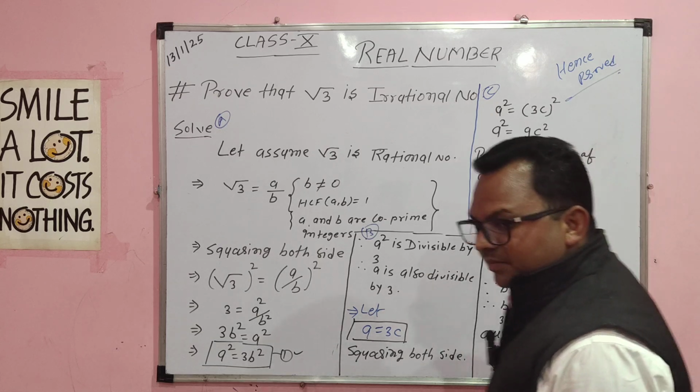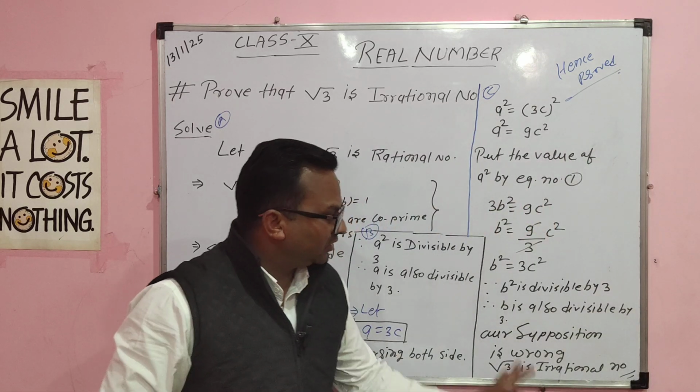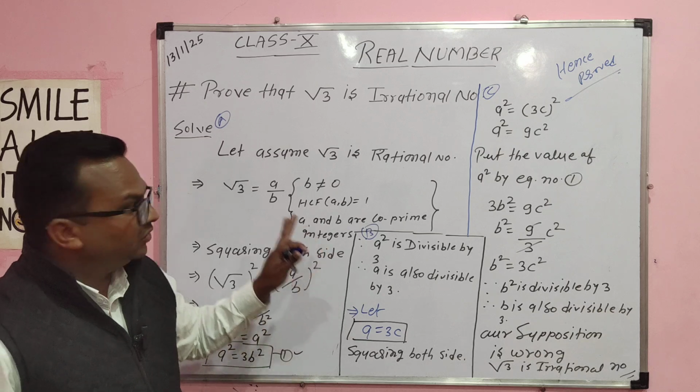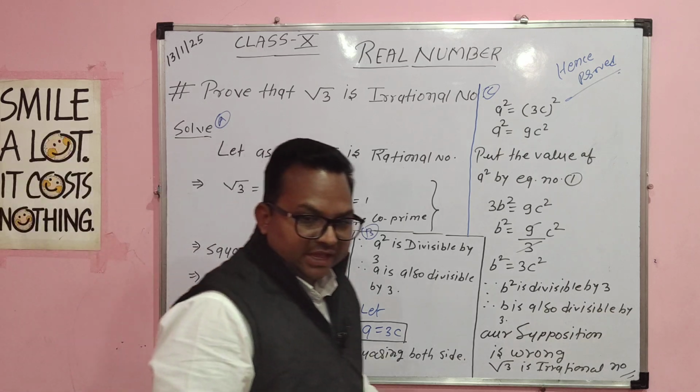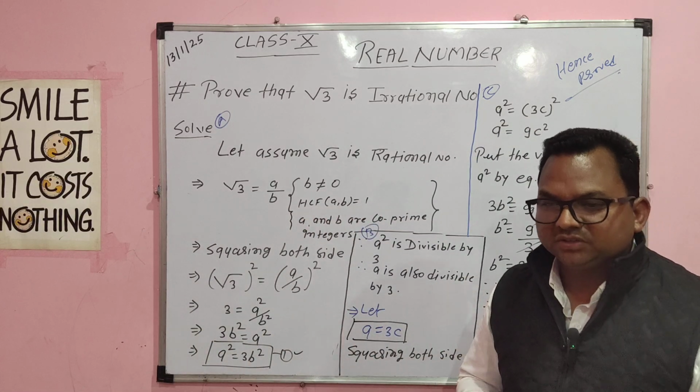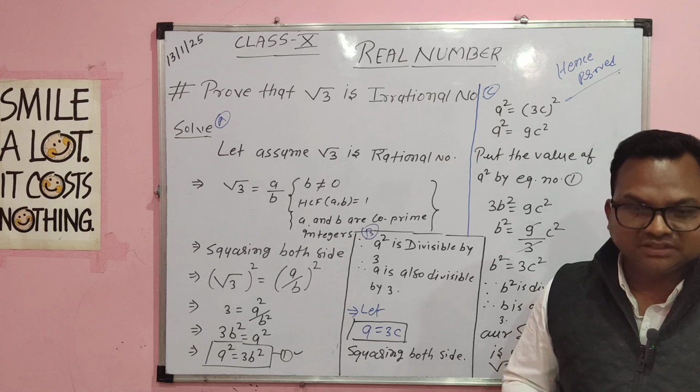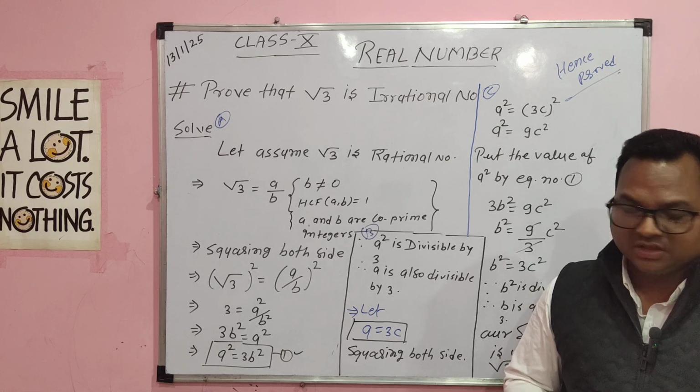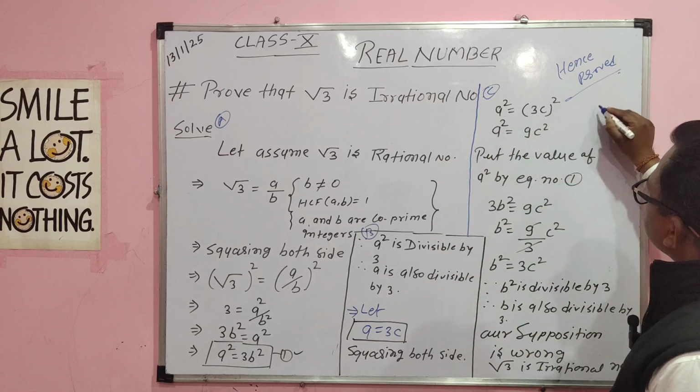And in the exam you have one question of this type: prove that √3, √5, √7 is an irrational number. How many marks? 2 marks.